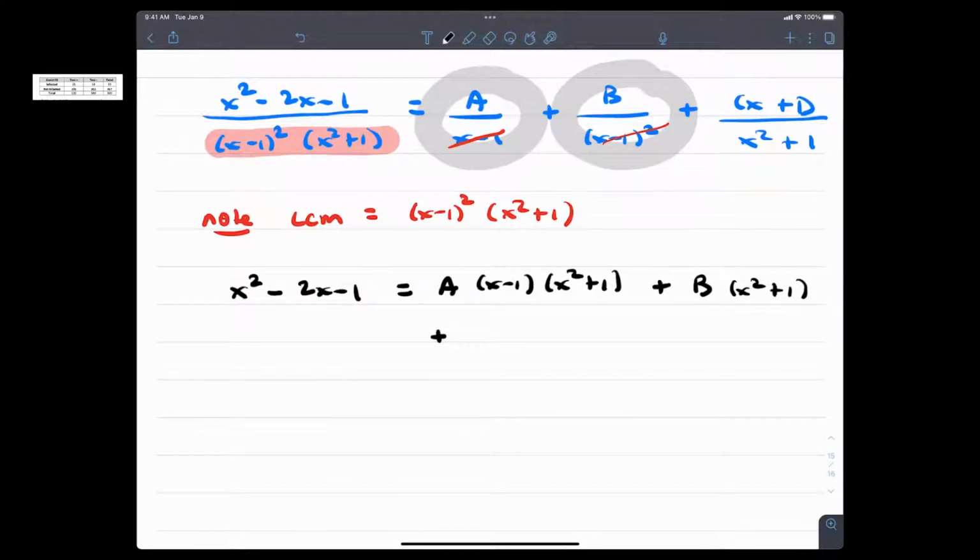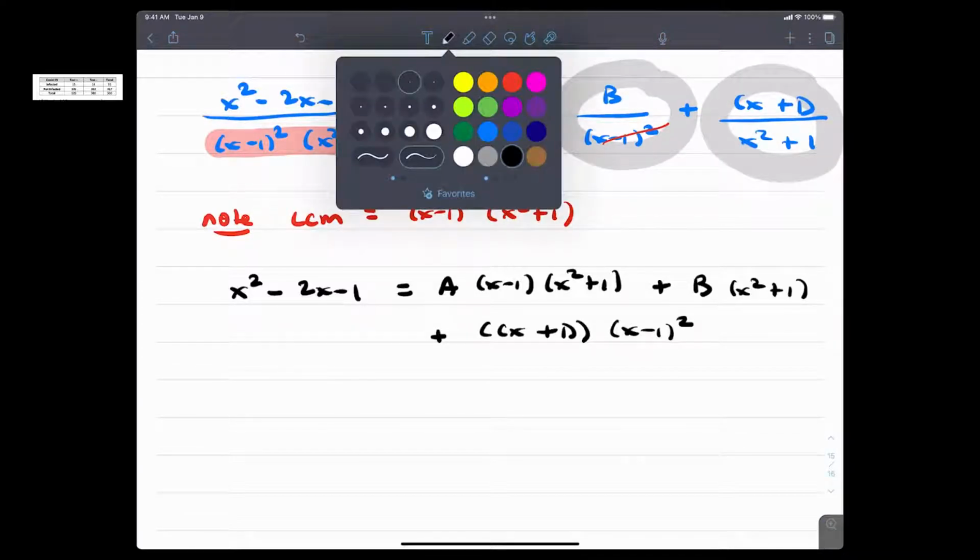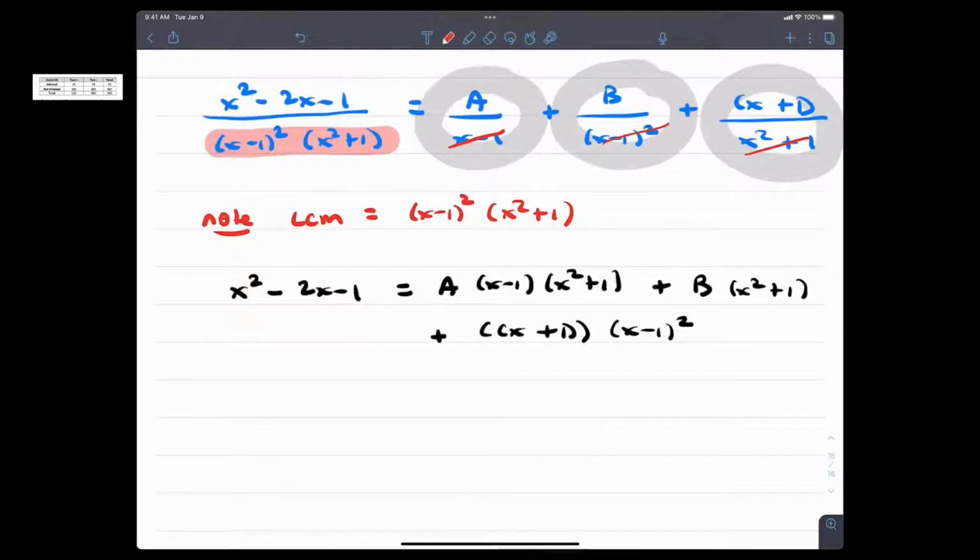You've got that x squared plus 1 term. What would cancel? The x squared plus 1 now, and you're going to be left with the x minus 1 squared. So you go through that and you notice that the denominator x squared plus 1 will cancel.